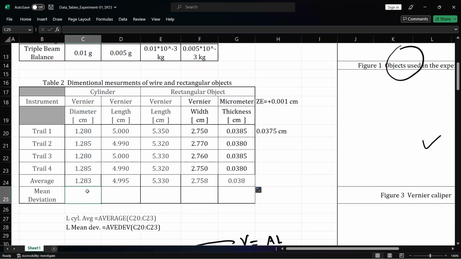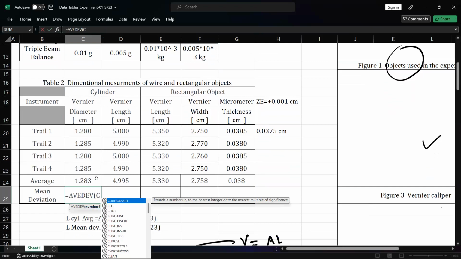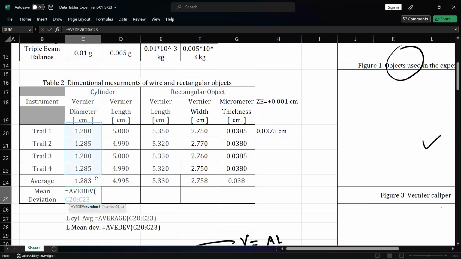And then similarly, if I take the average of the data, then the error will be the average error. I can do that by using the mean deviation, equal. If I put AV, I can select the right command. AVEDEV returns the mean deviation of the average, C20 to C23 data set.